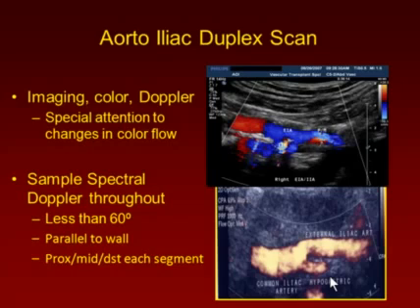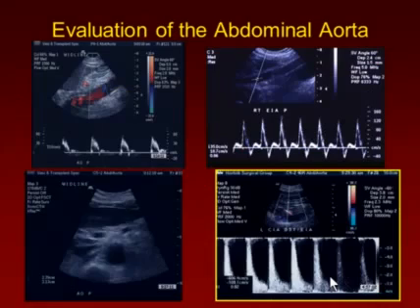If you have your scale and your PRF set correctly, the color flow can give you a clue to where there are areas of increased velocity that you might need to investigate. Sample at less than 60 degrees with your spectral Doppler being parallel to the vessel wall at proximal, mid, and distal in each segment of the artery as you go all the way down to the groin.